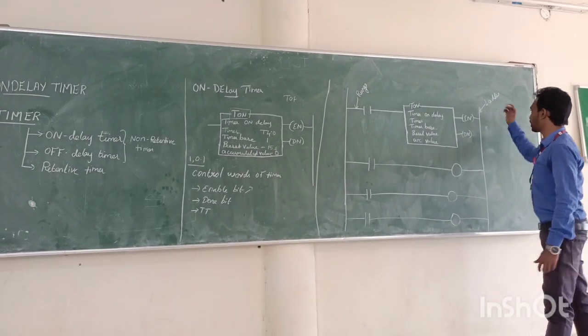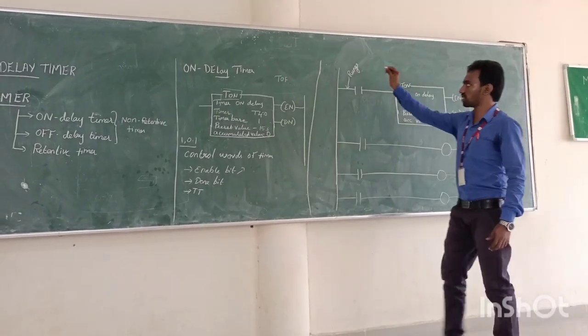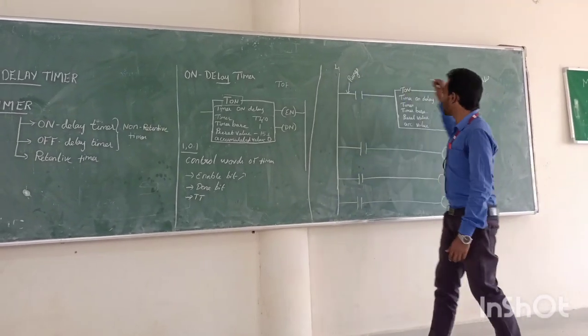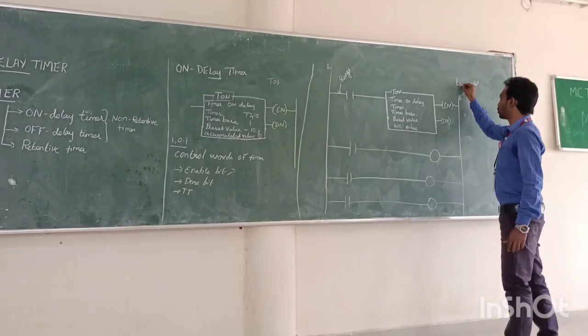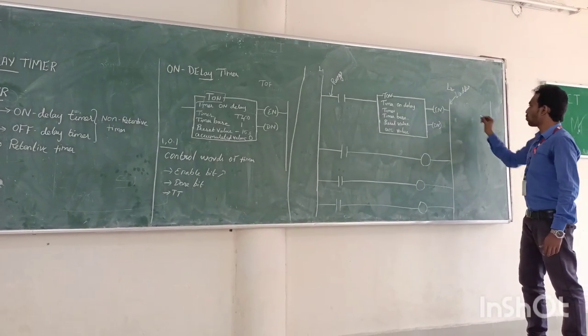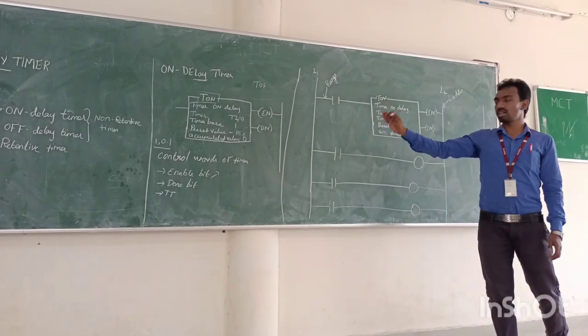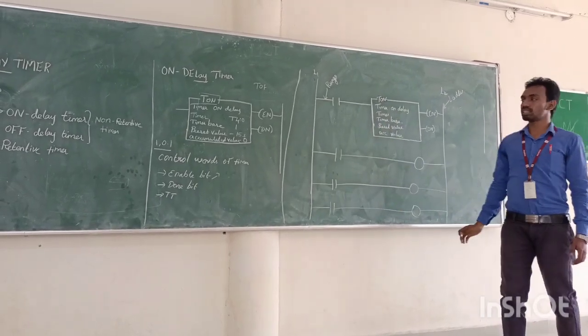So the left side of the ladder is mentioned as L1 and the right side is mentioned as L2. On the left side of the ladder we draw the input devices connected in the program, and on the right side we draw the output devices connected in the program.